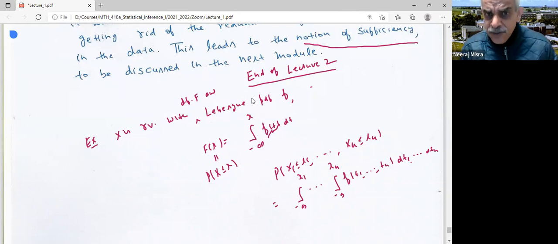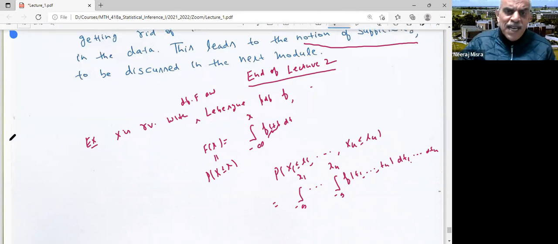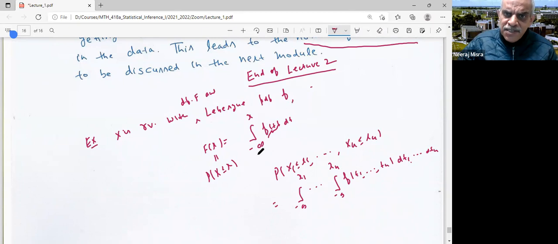For the purpose of this course, whenever I write down Lebesgue PDF, you may assume that my random variable is continuous, which basically means that the distribution function F is given by the integral from minus infinity to x of f(t), or its joint distribution function is the integral from minus infinity to x1, ..., minus infinity to xn of f(t1, ..., tn).